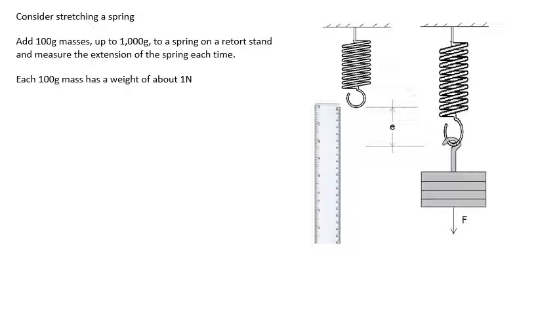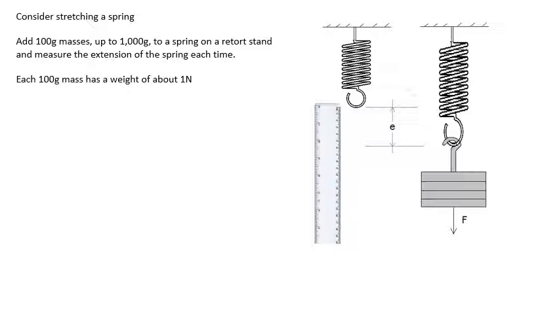Now, this is an experiment that you should certainly have done, and it is stretching a spring. What you do is you hang a spring on a retort stand and you put masses on it, 100-gram masses up to about a kilogram, up to 1,000 grams, and you measure the extension. Now, the extension is how much it stretches.